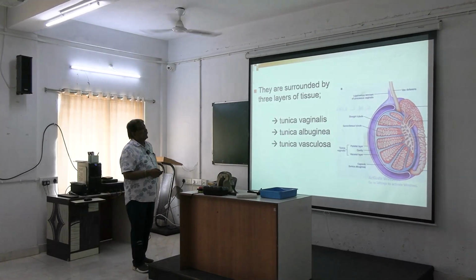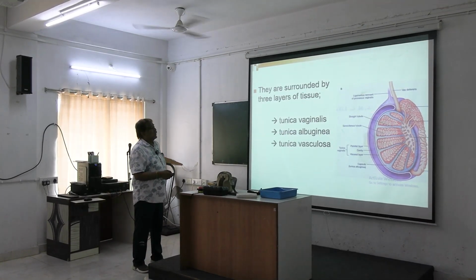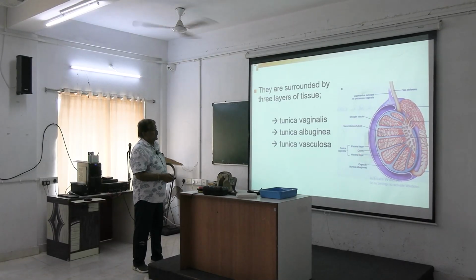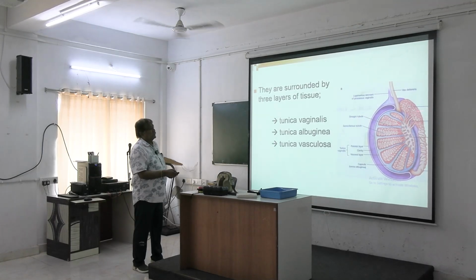Now, you can see this is a section. This is the parietal layer, this is the cavity, and the visceral layer of the tunica vaginalis, the capsule, tunica albuginea, and these are the seminiferous tubules, straight tubules and coiled structure.